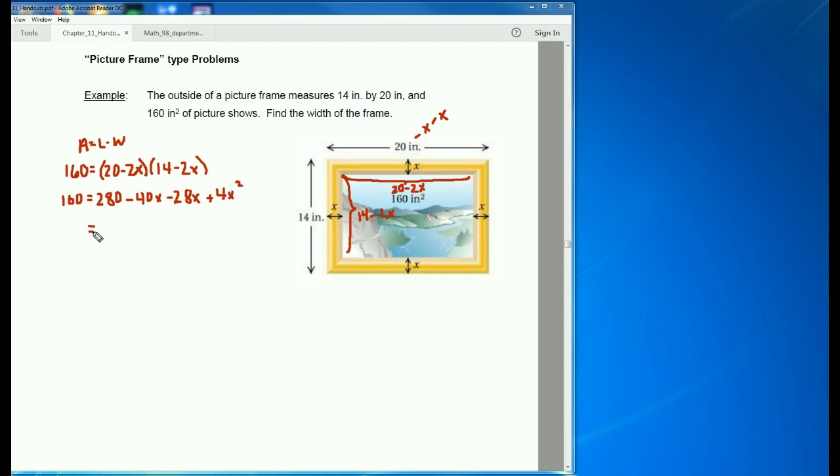Okay, so now we want to combine our like terms, get everything on one side so that we have all stuff equals 0. I'm also going to put the terms in the correct order, so I'm going to put the 4x squared first. And then minus 40x minus 28x would be minus 68x.